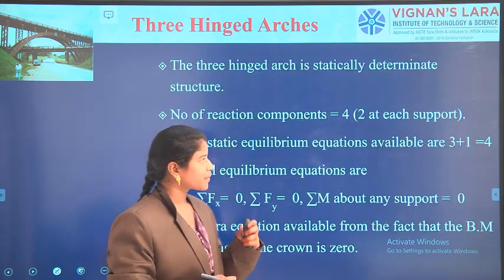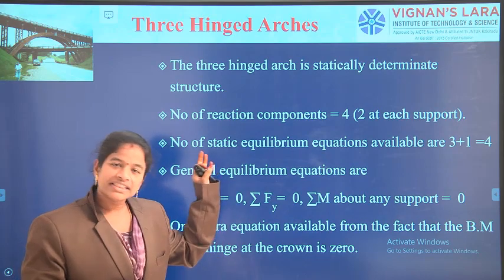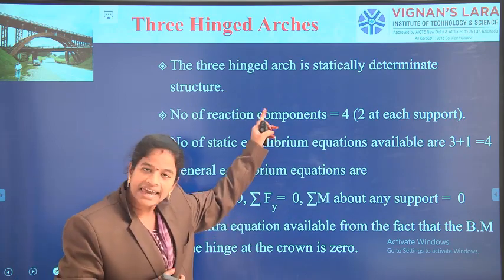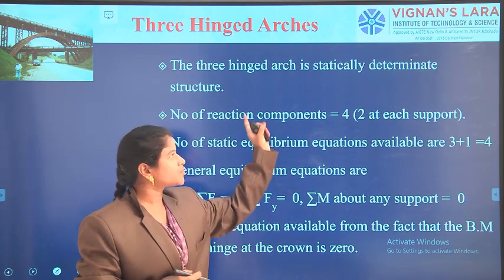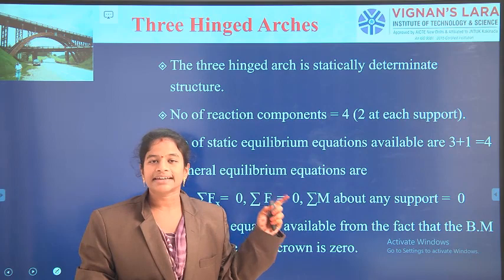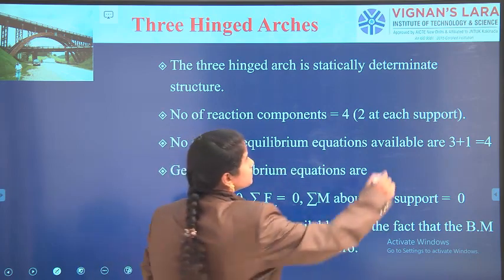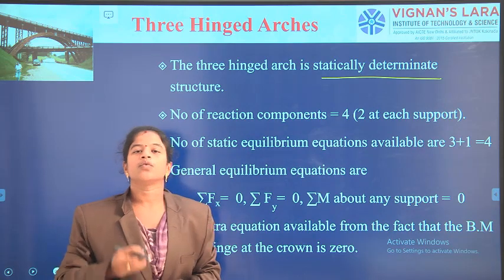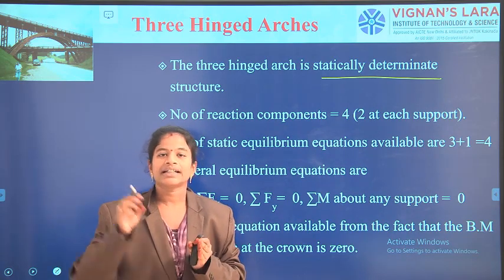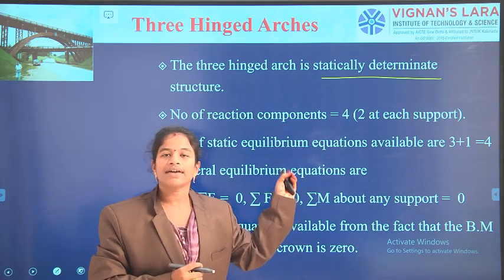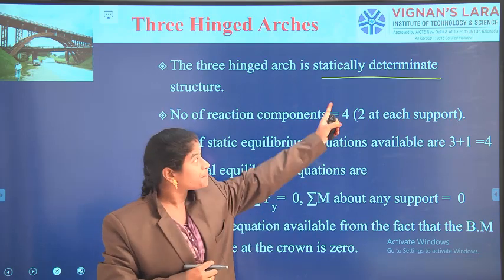We have already given these conditions, but for the analysis, for clarity, I have added them here again. We say a three-hinged arch is a statically determinate structure. We can determine the external reactions of that arch with the available equilibrium conditions.